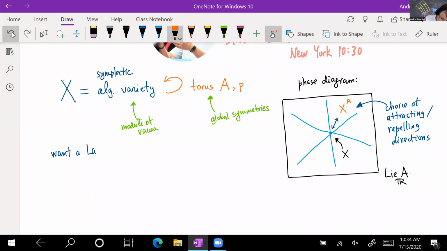Remember, we had some space C. Over that there is an action of C star here, so just write down C star, and there is an equivariant profile of fields, which looks something like that. So this goes from one vacuum to another.